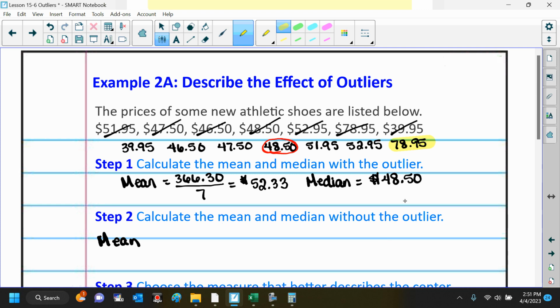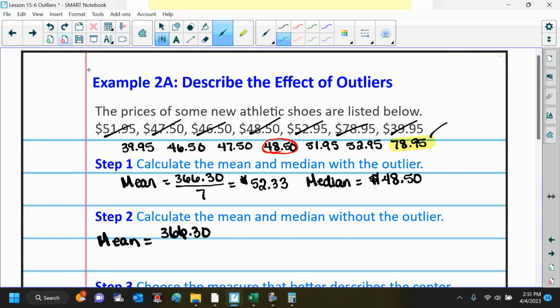So we want to subtract that out, right? For the mean, this one's pretty simple. All we have to do is subtract out the $78.95. We already wrote down our total here. So we're going to take $366.30. That's all of these added together. Now I want to take this outlier out, right?